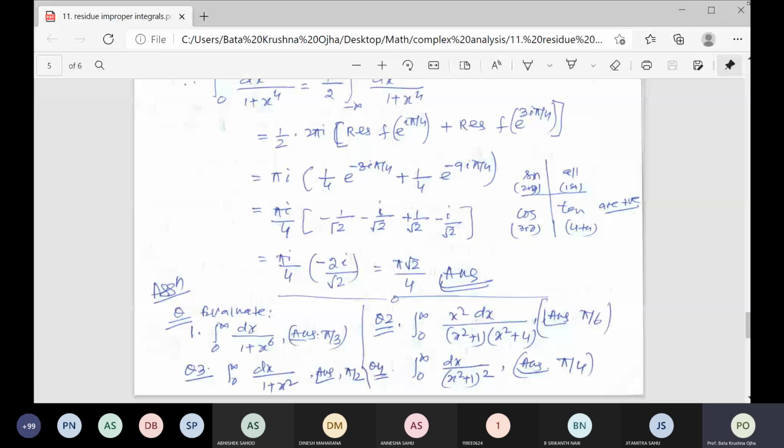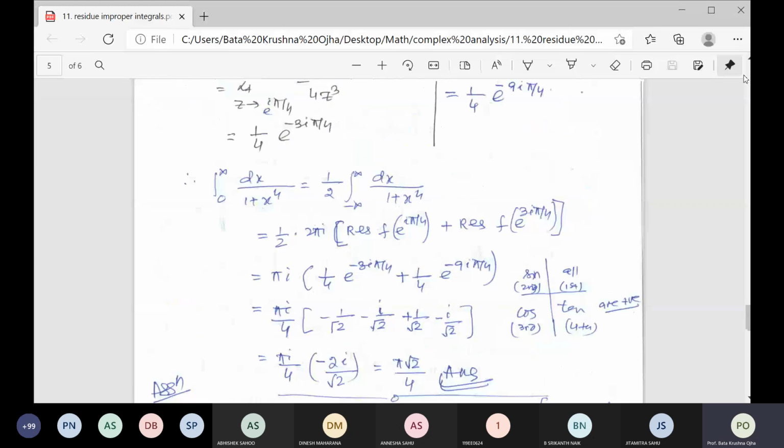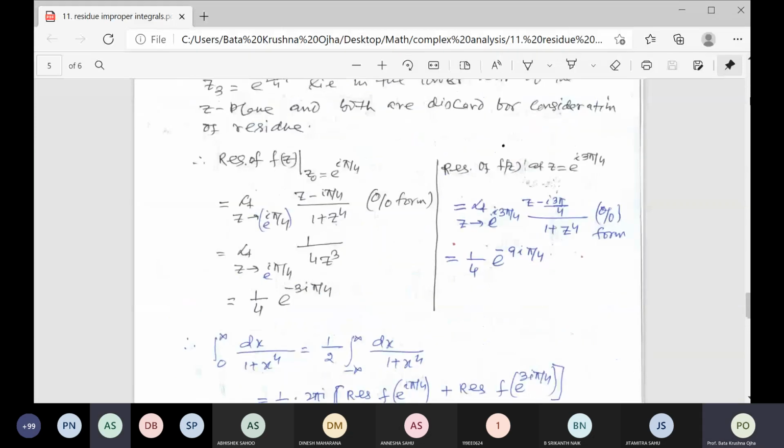So anybody got the answer? Any doubt for this question 4? Yes, sir.